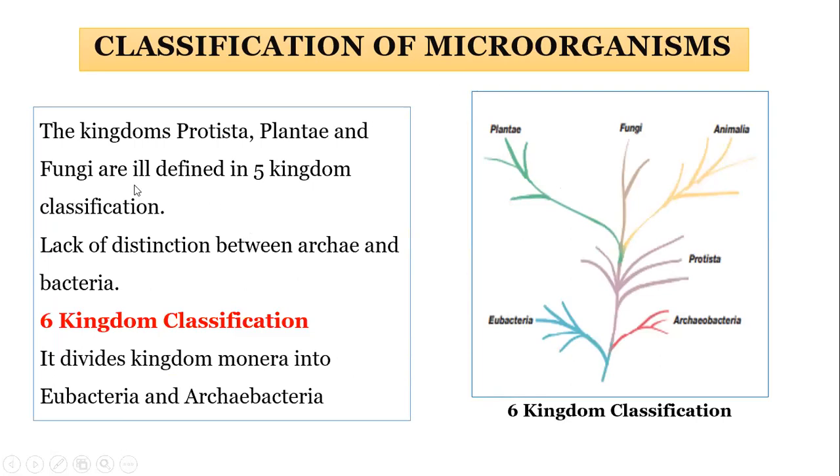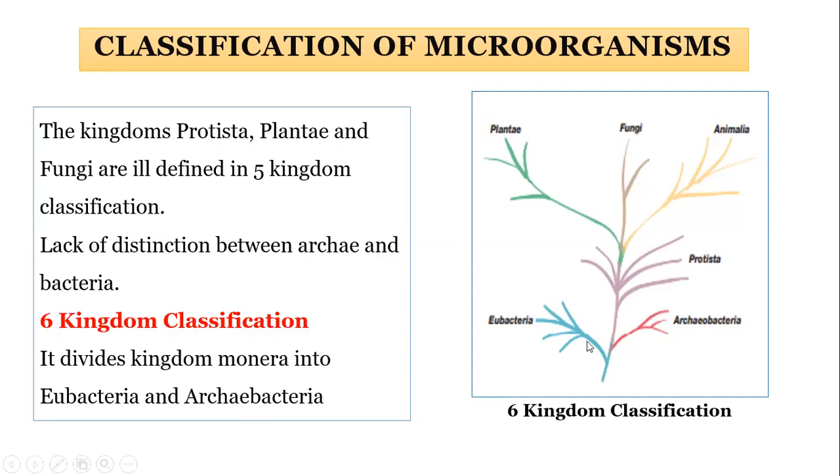Next, in the five kingdom classification, kingdom Protista, Plantae and Fungi are ill defined, and there is a lack of distinction between archaebacteria and bacteria. Because of these problems, the six kingdom classification was proposed, which divides kingdom Monera into eubacteria and archaebacteria.